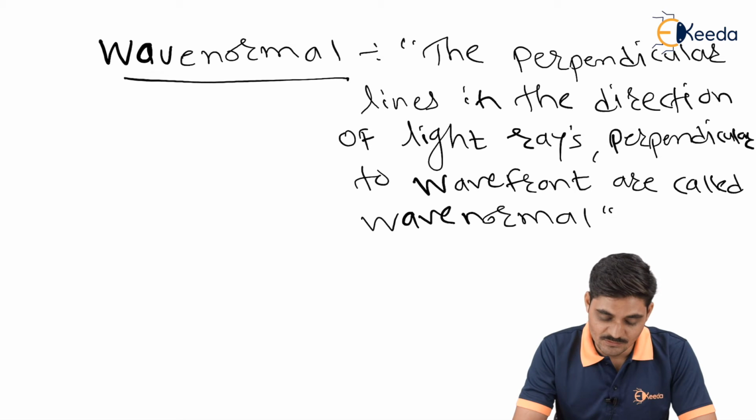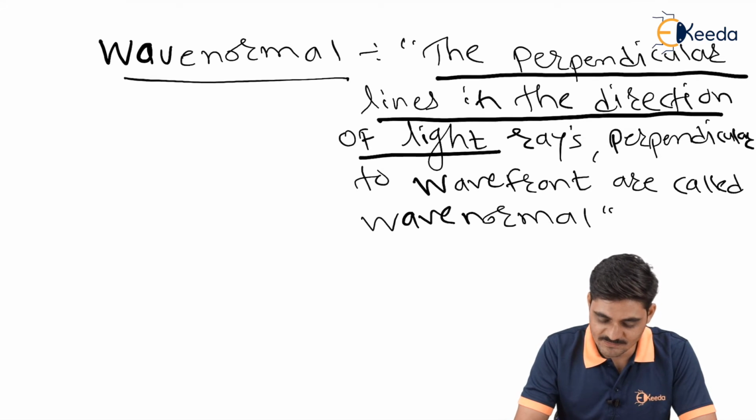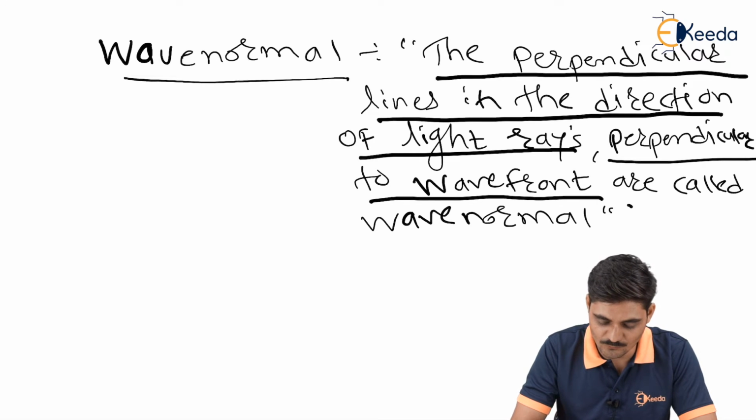What is the meaning? The perpendicular lines in the direction of light rays and perpendicular to wavefront are called wave normal.